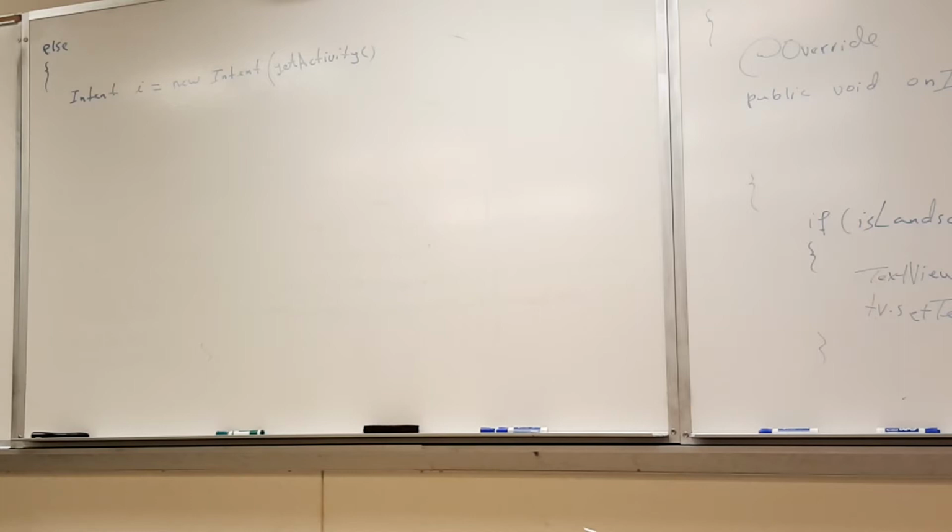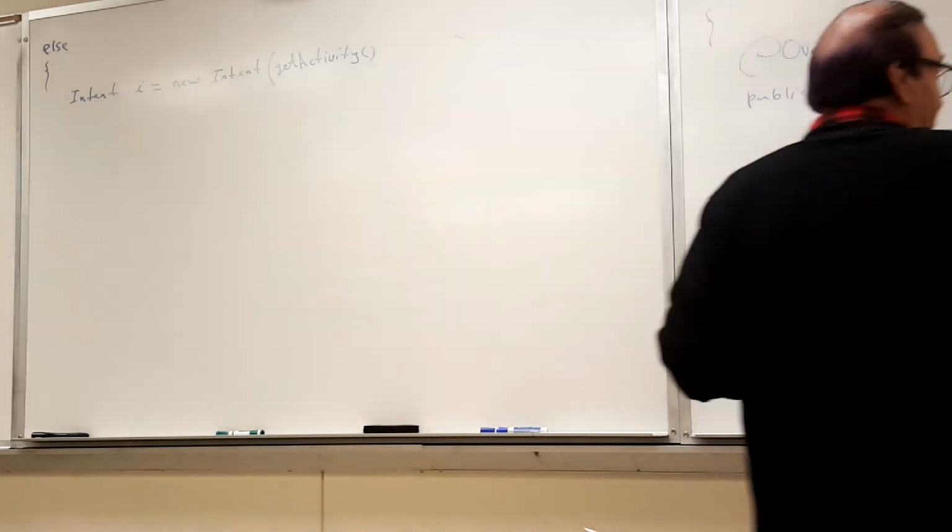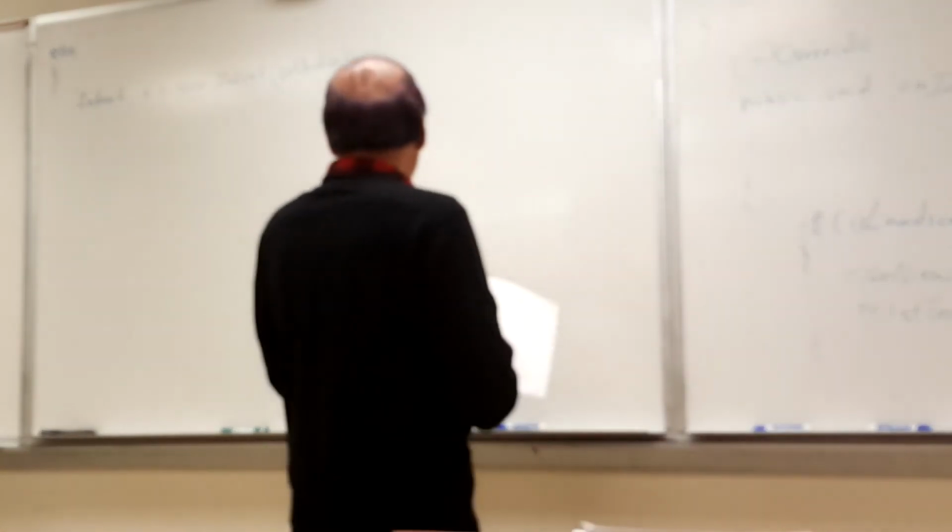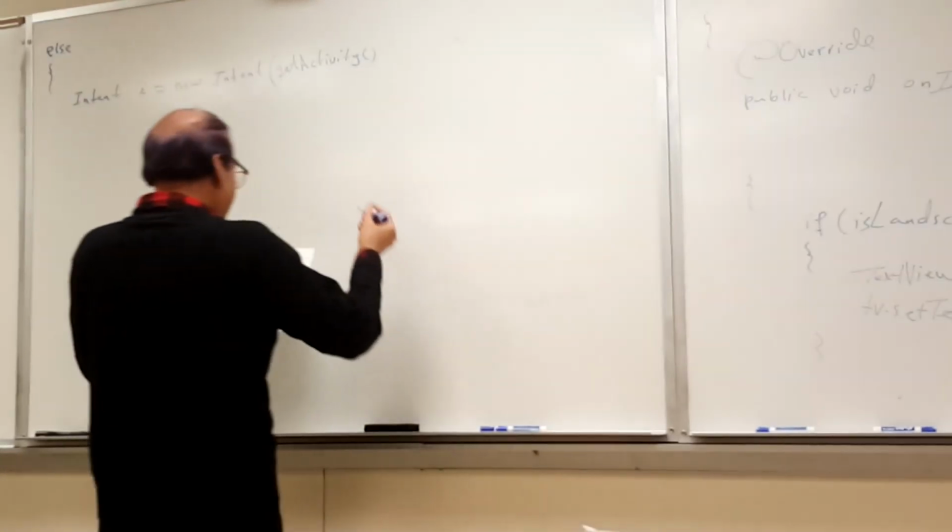Fragment doesn't have activity itself, but I'm calling get activity, which belongs to the fragment class. You're in the fragment, and the two are completely segregated from each other. So get activity, dot.